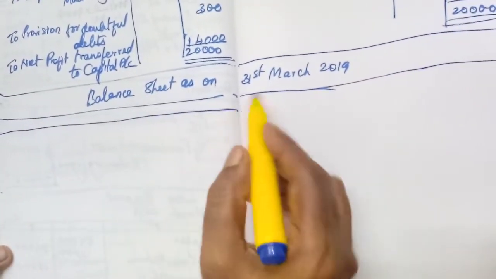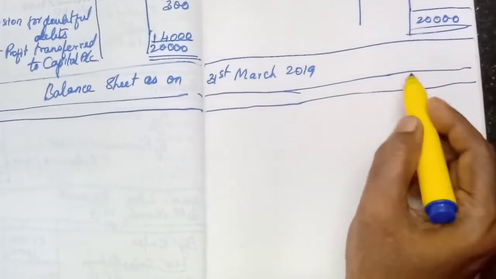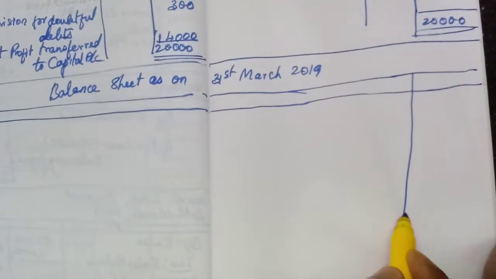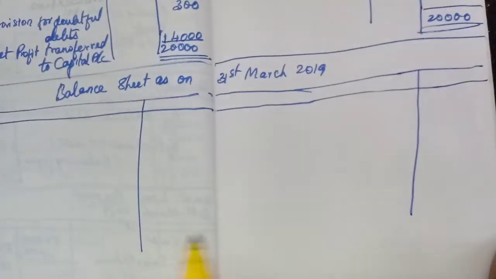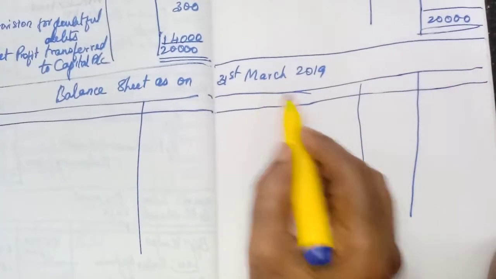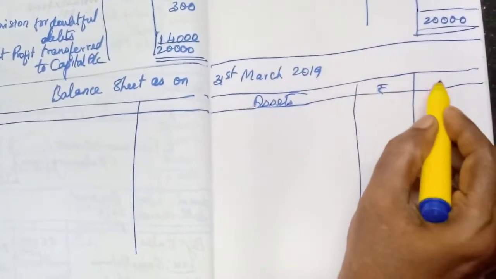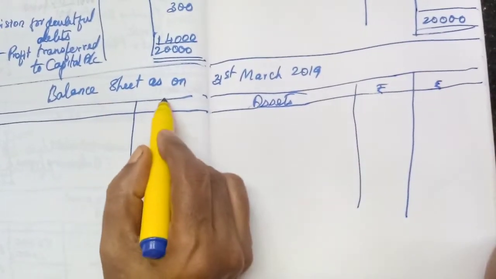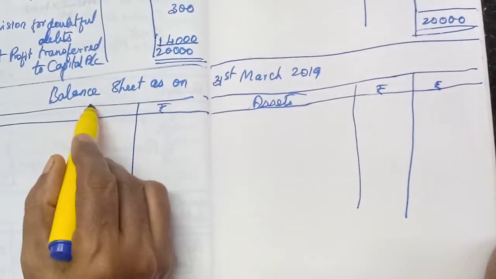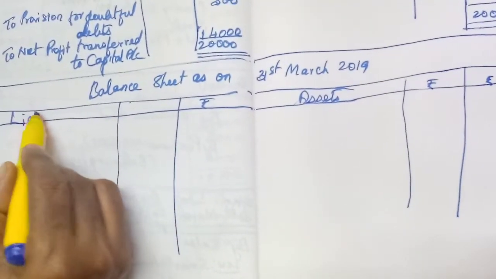We know very well because we did the final accounts in standard 11. So this one, the amount column, inner column also we can draw, isn't it? Then assets, rupees, here rupees, one small column also you have. Then liabilities.